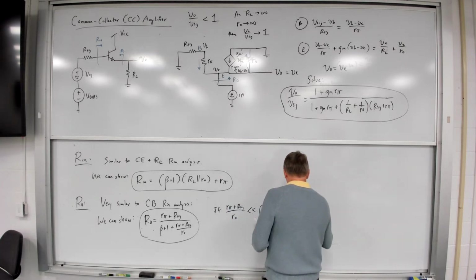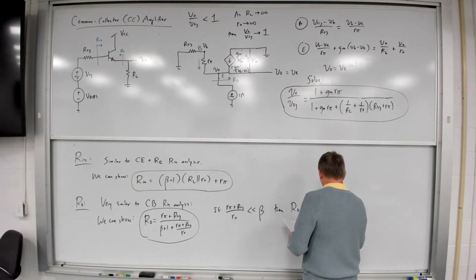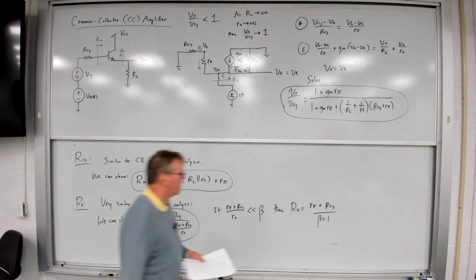Then r sub O will be equal to (r sub pi plus r sig) divided by (beta plus 1).